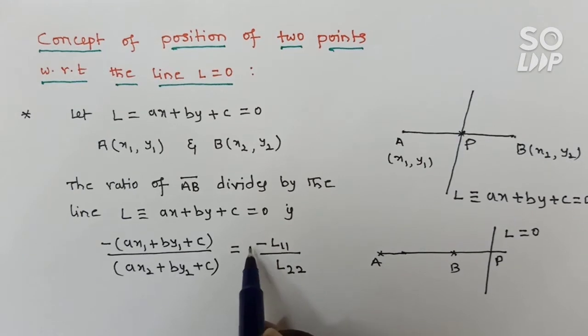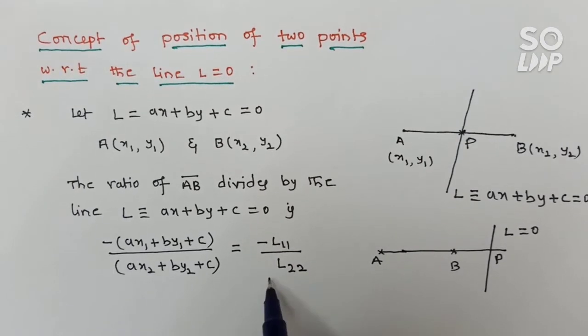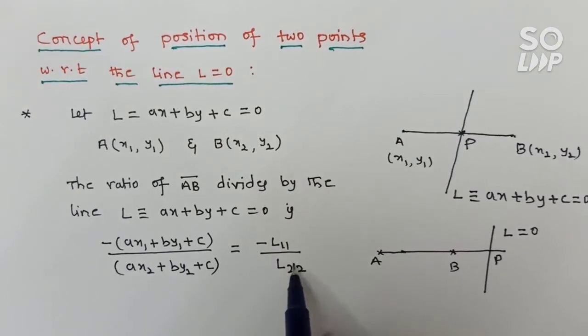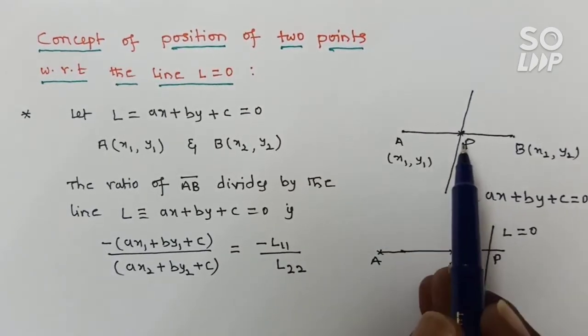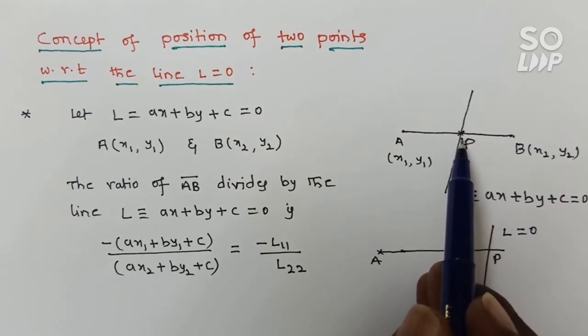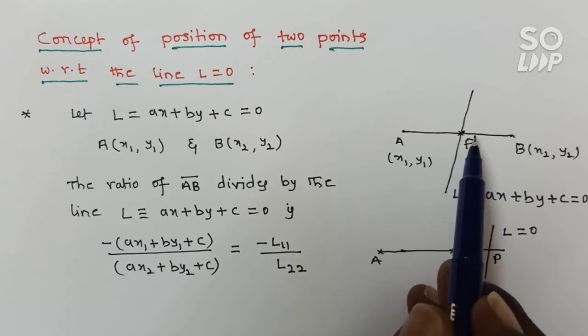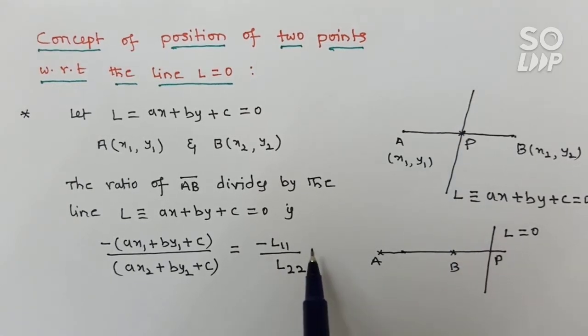See this one. Here you have the ratio. If this ratio is positive, you know already in previous videos we discussed that when any point divides a line segment internally, the ratio must be positive.